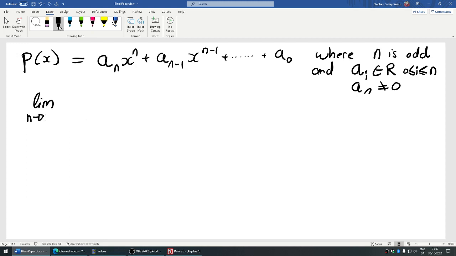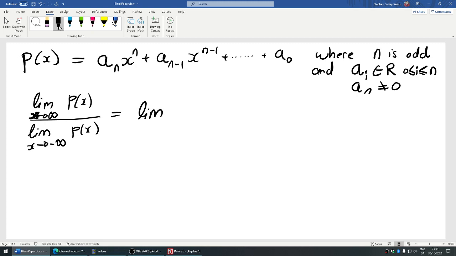Actually, what I'm trying to look at is what happens when x goes to positive infinity, and then when x goes to minus infinity. I want to see what happens to the polynomial when we have very large positive and then very large negative values.